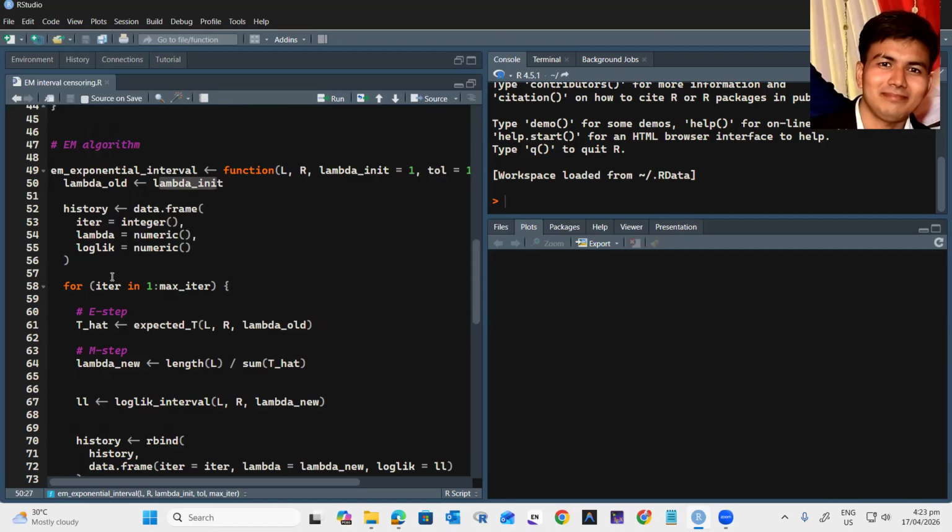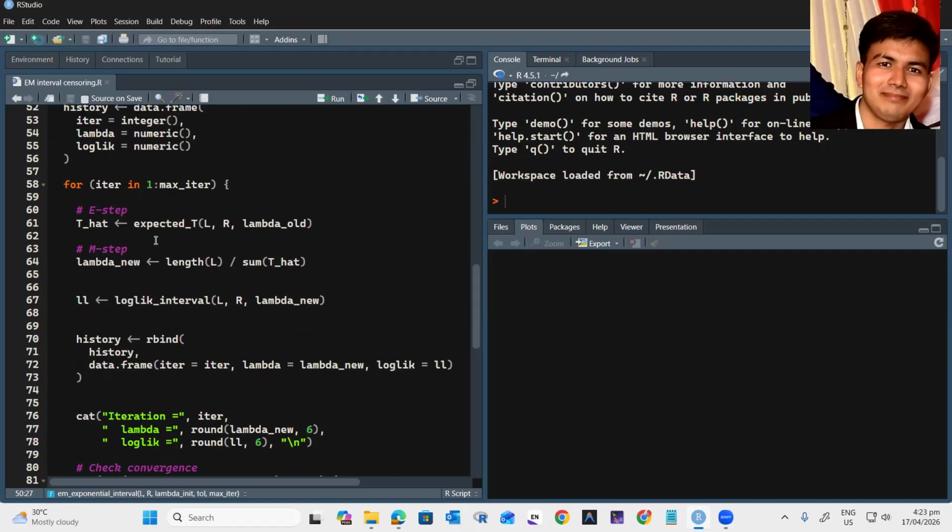All right. So after that, we have the for loop for each step. So iter in 1 to maximum iteration, that loops up to the maximum iteration count. In each step we find E underscore hat equals expected value of T with L, R, lambda old.